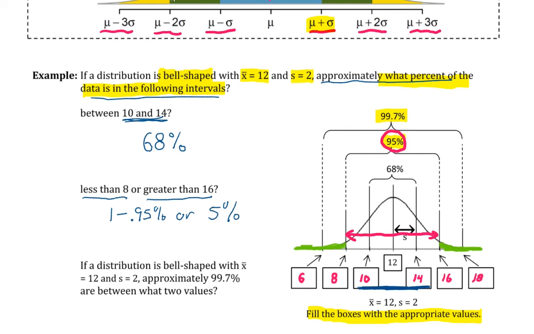There we go. 1 minus 0.95 is 0.05, or 5% of the data would live in the outer tails that we have in green.